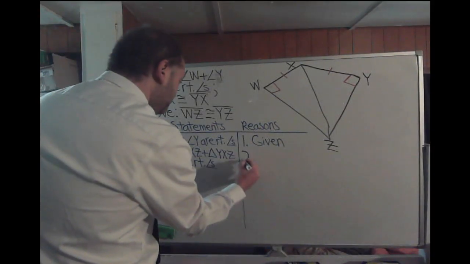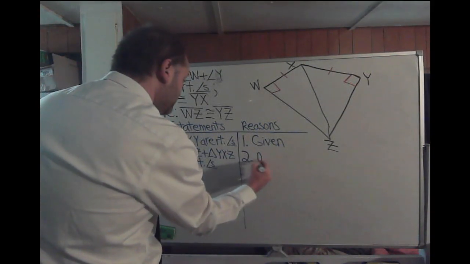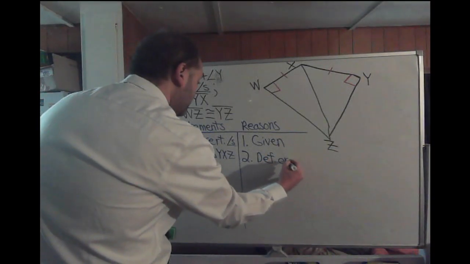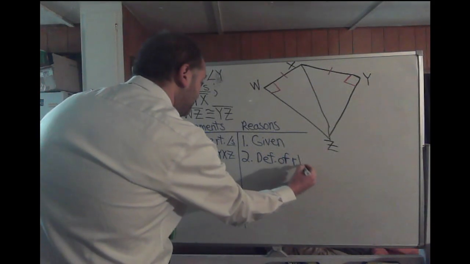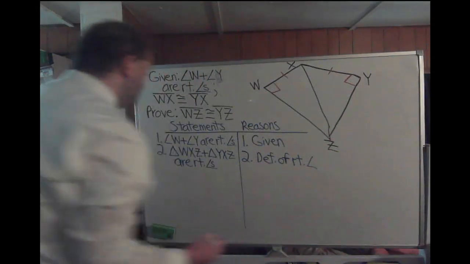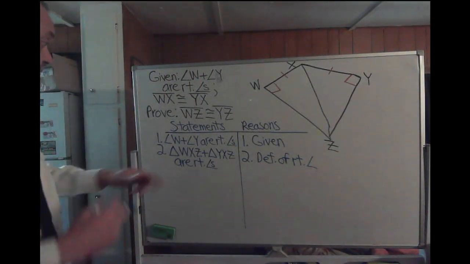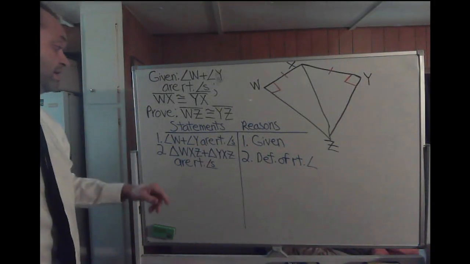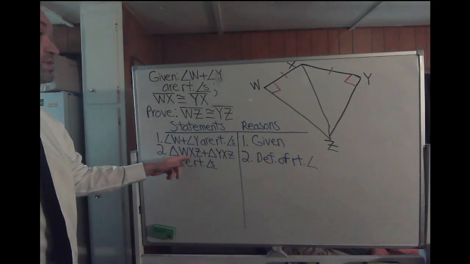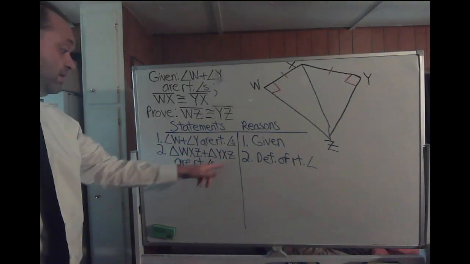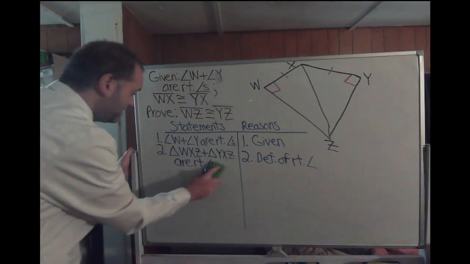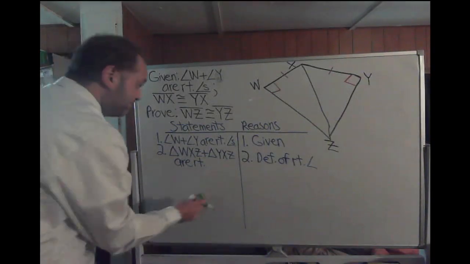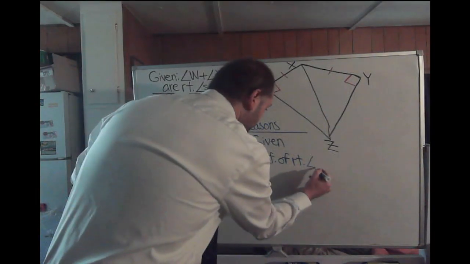That, of course, will be by the definition of a right triangle. Okay, so far we used the given information that angles W and Y are right angles. That was given, which would then mean that triangles WXZ and YXZ are right triangles. That's by definition of a right triangle.